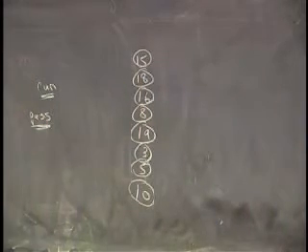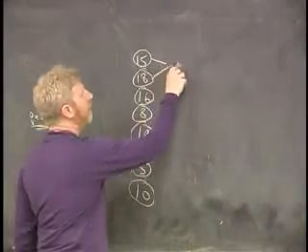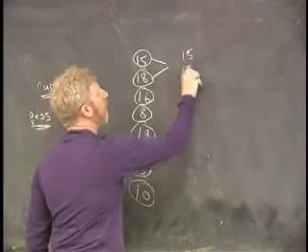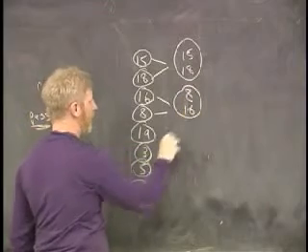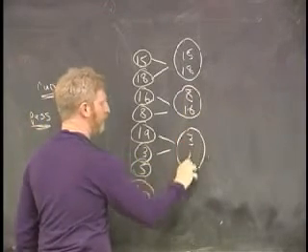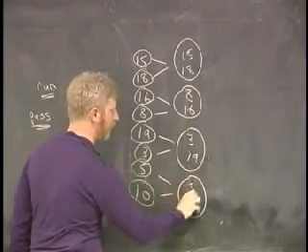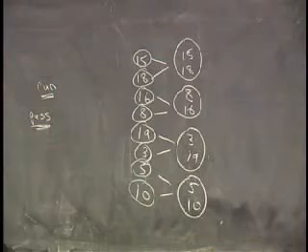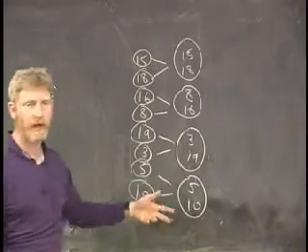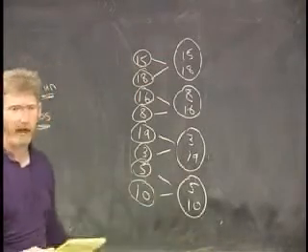The book uses that. So what happens? These two go together, and they become a sorted pair. These two go together, become a sorted pair. These two go together, become a sorted pair. These two go together, become a sorted pair. That's pass number 1. So now we have 4 runs, each of which has 2 elements in it. And now we go through the data one more time.